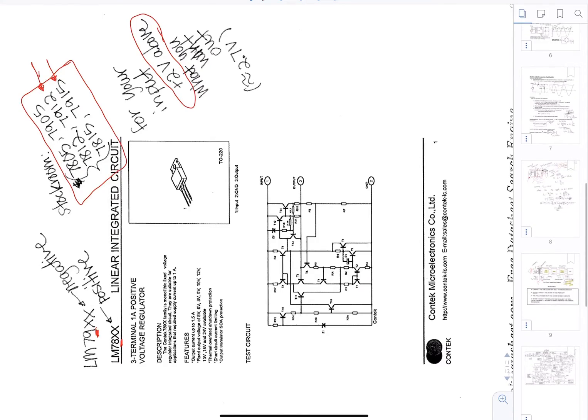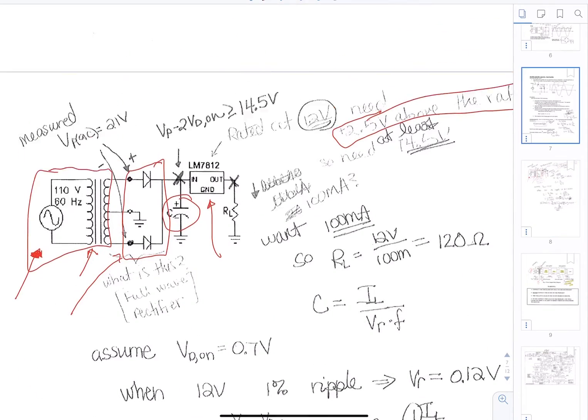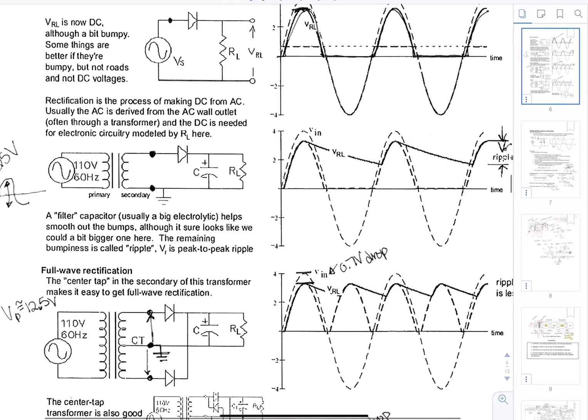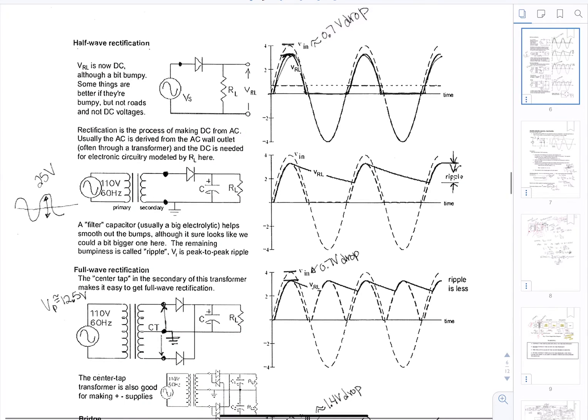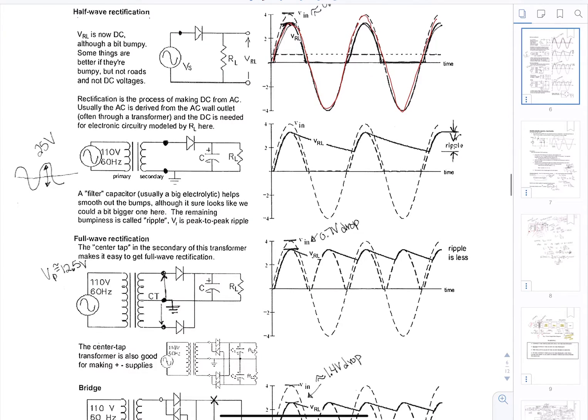So the other component that I was showing you is that half-wave rectifier. What a rectifier does is it takes your sinusoid that is positive and negative, and now it's going to rectify it so that it only turns on the diode when it's positive, and then it turns off the diode when it's negative.